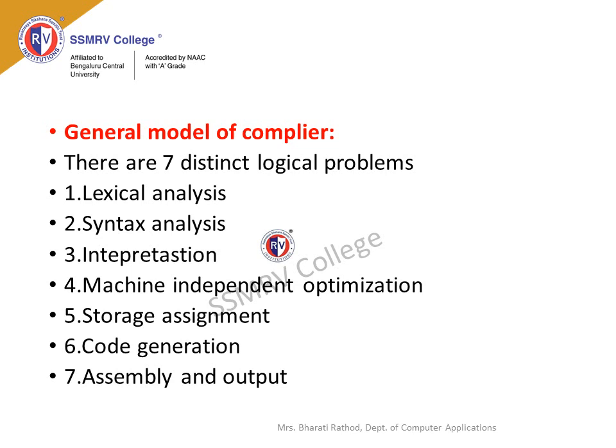Phases 1 to 4 are machine independent and language dependent because they help in determining the syntax and meaning of each statement in the source program. Hence, they are dependent on language and independent of machine.